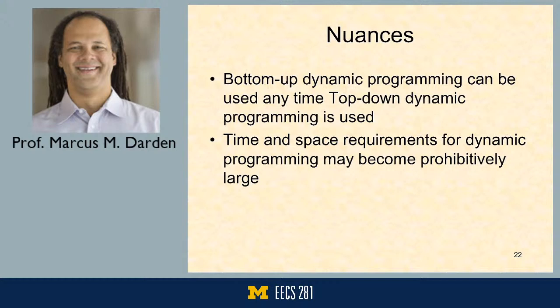So if my input is 0, 1, 2, 3 versus my input being 0, 3, 2, 1, I can't in constant time look up whether I've done that combination. So time and space requirements may become prohibitively large because of the way that the problem structure is. And we see that in our gen-perms approach to solving TSP.